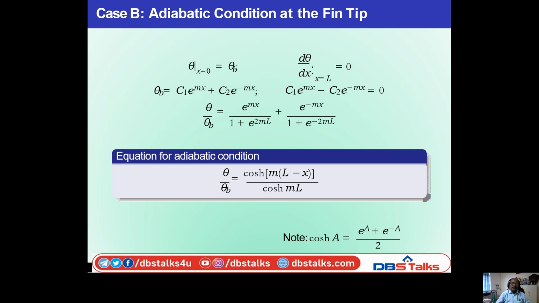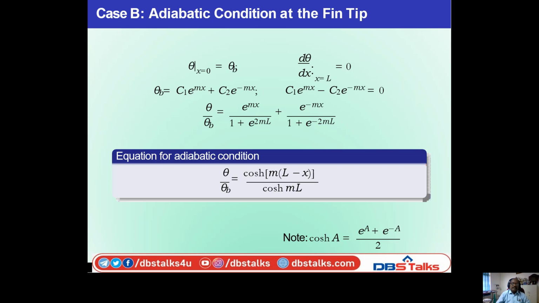Now this equation seems to be a hyperbolic equation. Hyperbolic equation is e to the power of a plus e to the power of minus a by 2, which we can write as cosh a.